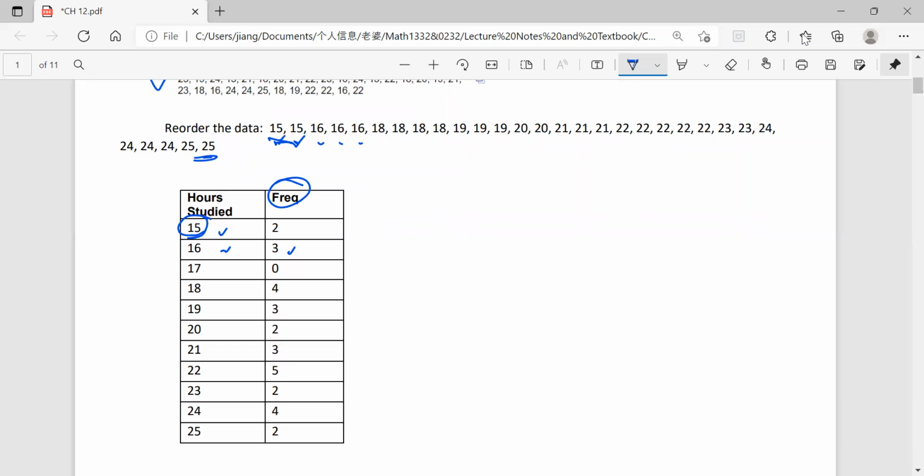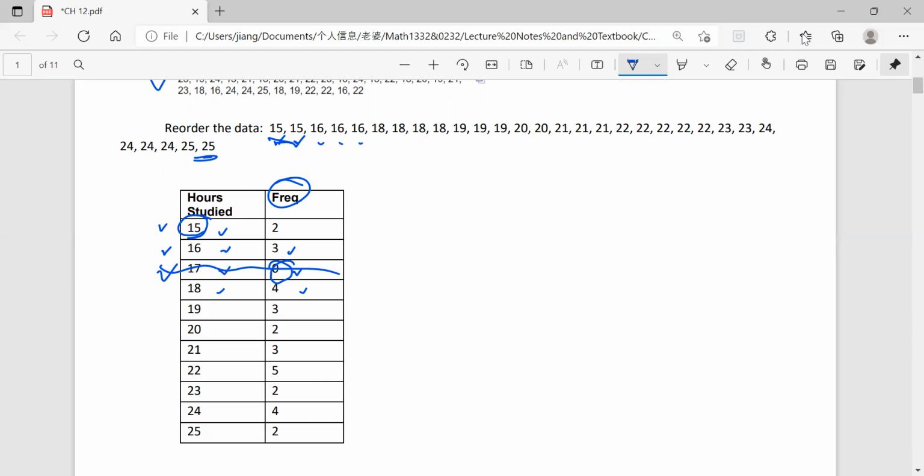Three students studied 16 hours last week on homework, and 17, nobody. 18, four students. So why did nobody study 17 hours last week? Why don't you just cross it out? Why do you list 17 hours there? Because if we do the table, we need this consecutive information. That means consecutive integers in this part. So 15, next one is 16, next one is 17. Even though I know the frequency is 0, that's still information.